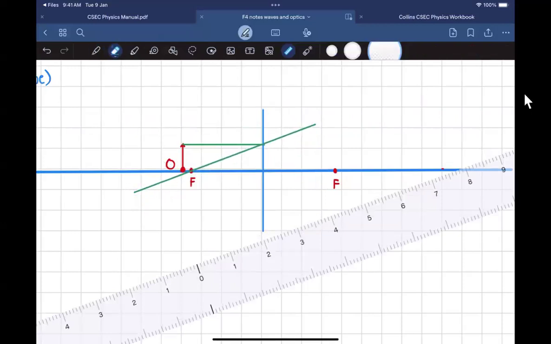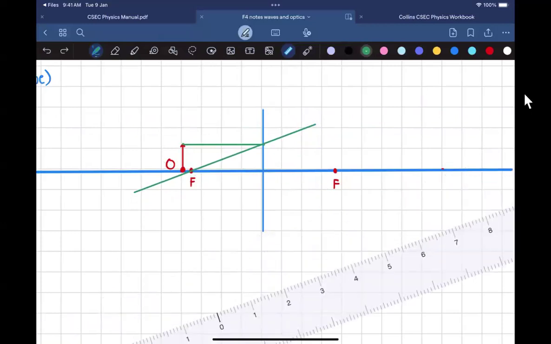That's the first rule. I'm going to apply the second rule. Okay, it still looks like it has an image. And let me try to do it directly on the focal point and see what happens.